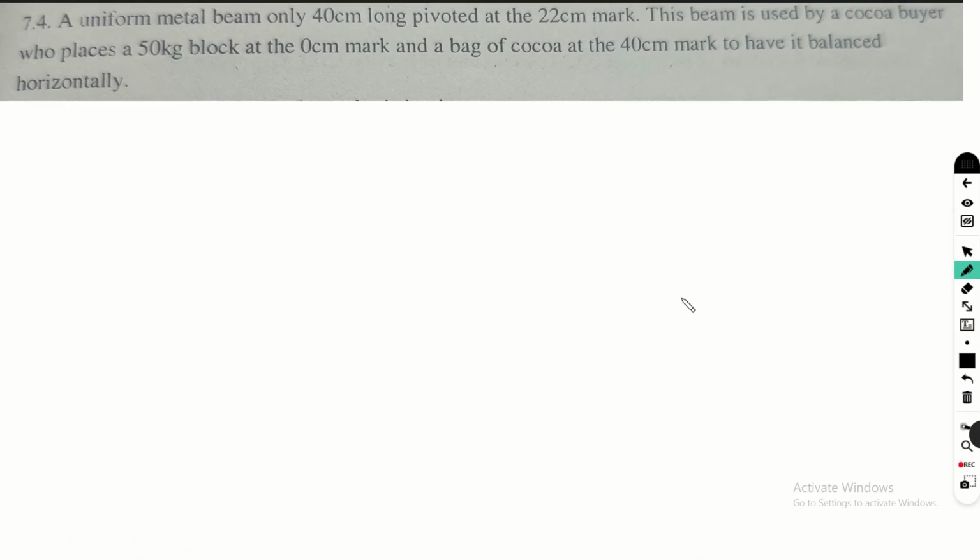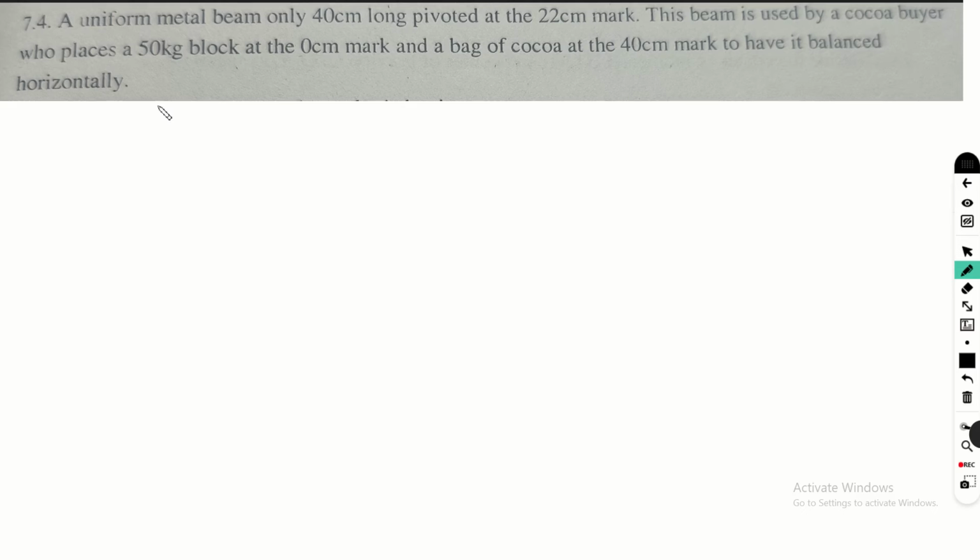Okay, for example, you have a uniform beam of metal 40 centimeters long pivoted at the 22 centimeter mark. This beam is used by the cocoa buyer who places a 50-gram block at the 0 centimeter mark and a bag of cocoa at the 40 centimeter mark to have it balanced horizontally. So what you have to notice is that the system is balanced.